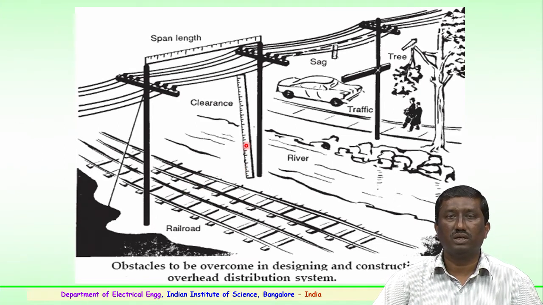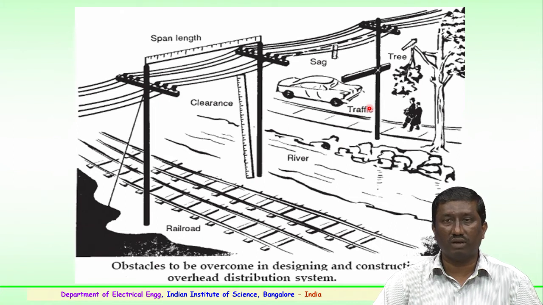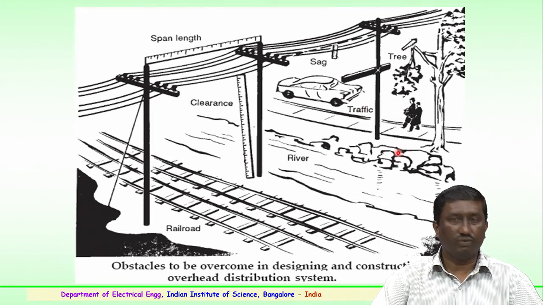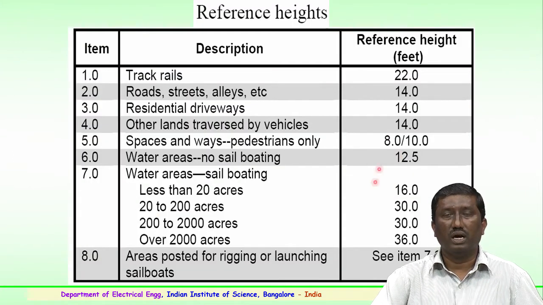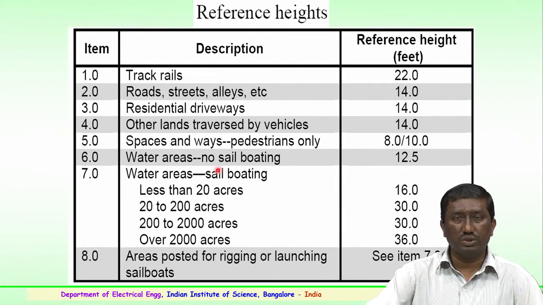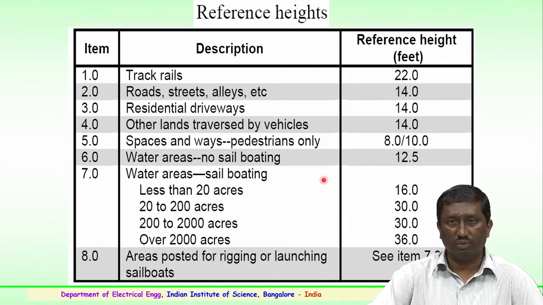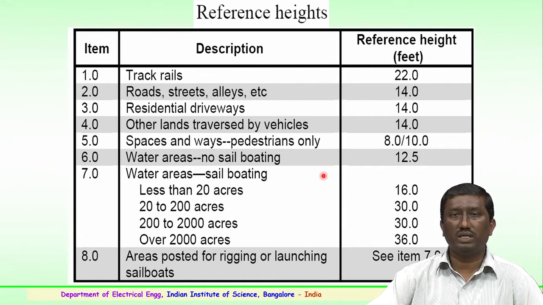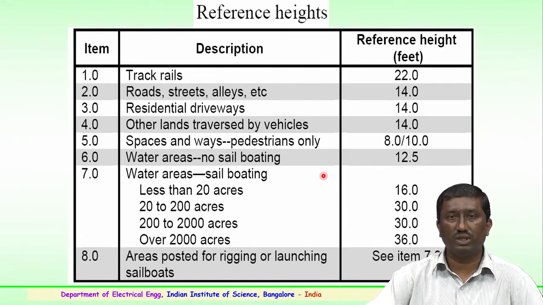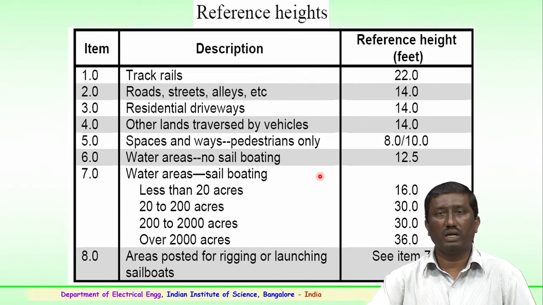The minimum clearances to be added for trains, or in the case of a river, or normal traffic, or because of vegetation, the following clearances have to be maintained. So, this gives the reference height, particularly in feet, to be considered for the distribution lines in addition to the electrical clearances.